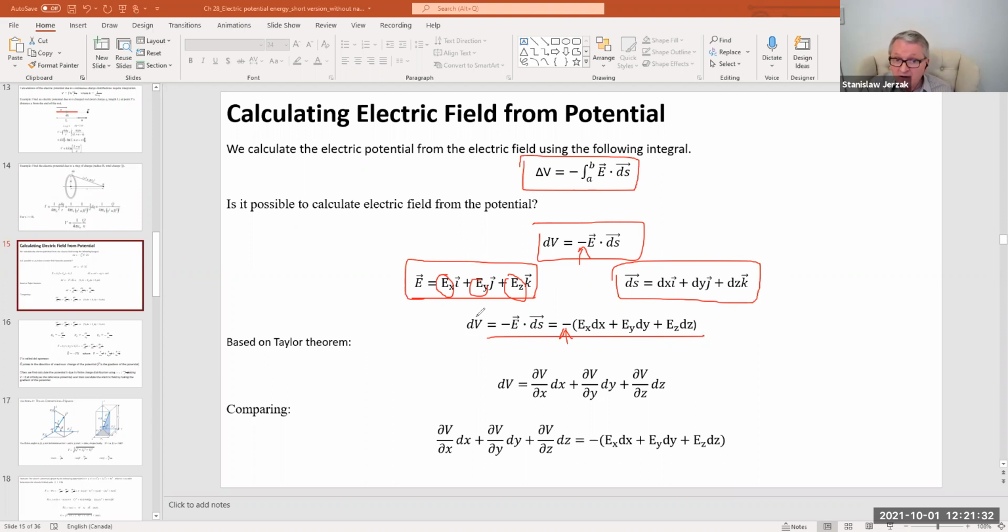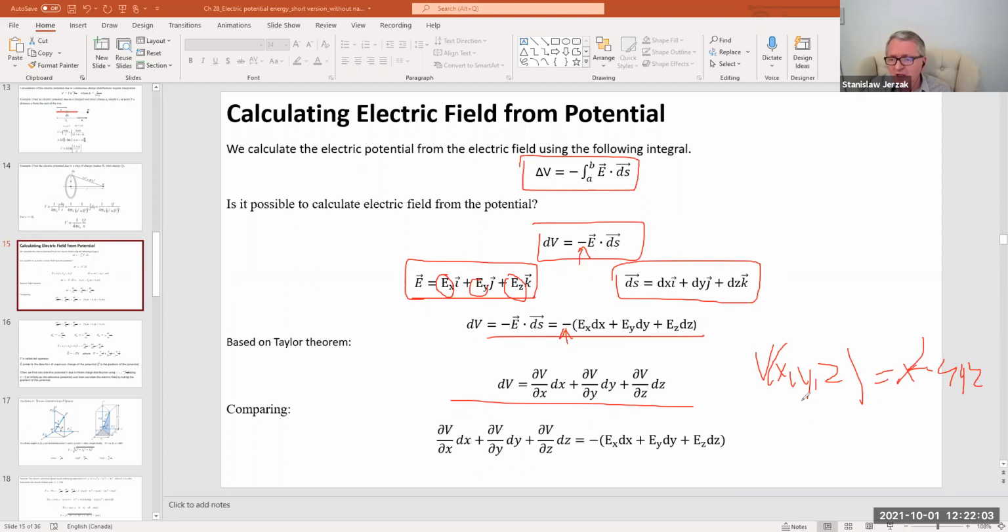But dV, the differential dV, can always be written using the Taylor theorem like this. Remember, I'm here assuming that electric potential depends on x, y, and z, that it changes, and that we know that function, that we know how the potential changes in space, that we have a certain expression, maybe it could be like now x squared minus 4yz, something like this, okay?